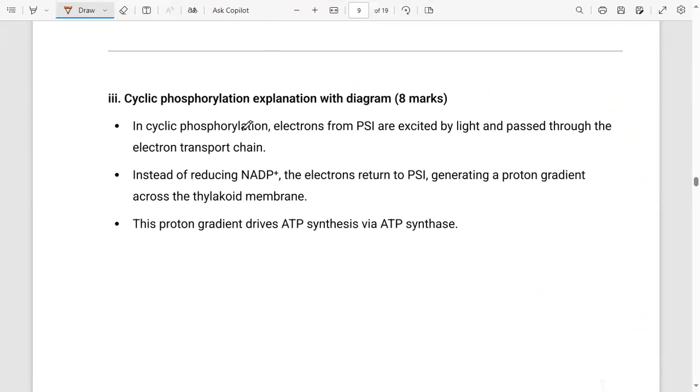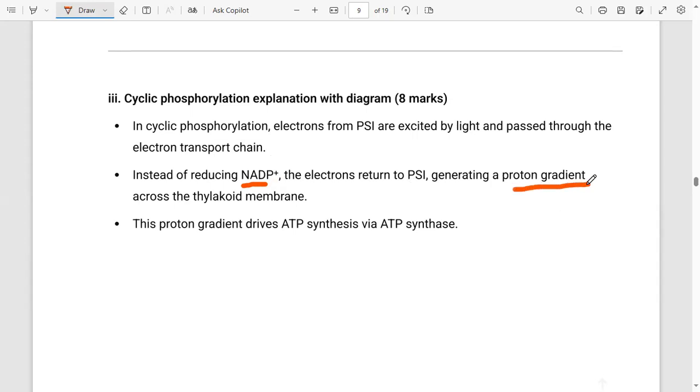In cyclic phosphorylation, electrons from the PS1 are excited by light, and then they pass through the electron transport chain. In that chain, these electrons do not reduce NADP+. Instead, as they travel, they release energy, and that energy causes what?